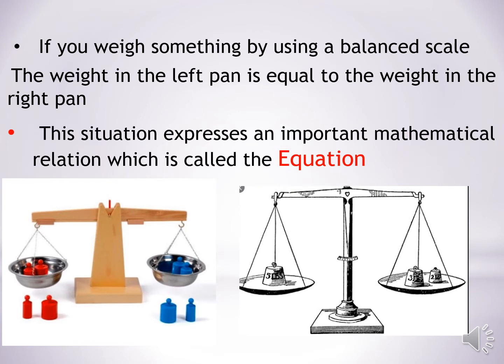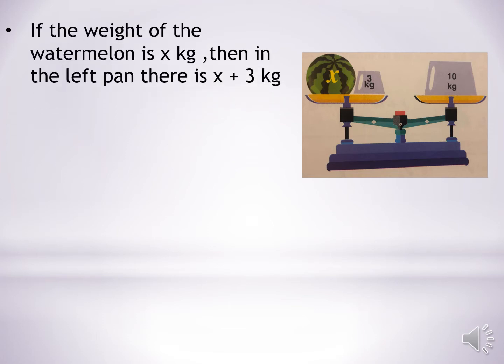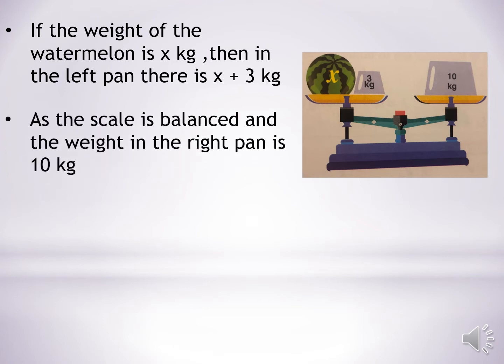This situation expresses an important mathematical relation which is called the equation. Here in this figure, if the weight of the watermelon is x kilograms, then in the left pan there is x plus 3 kilograms, and the scale is balanced and the weight in the right pan is 10 kilograms.